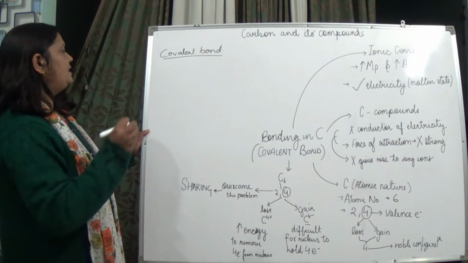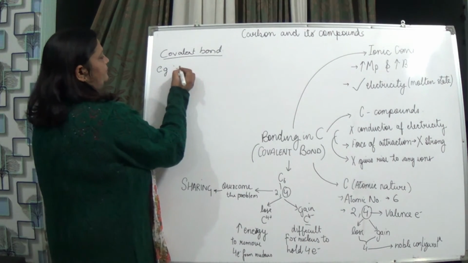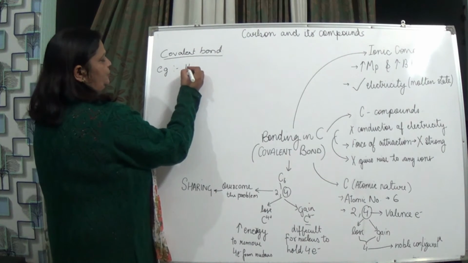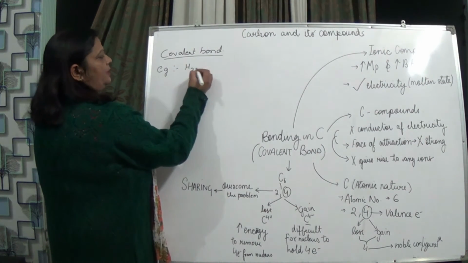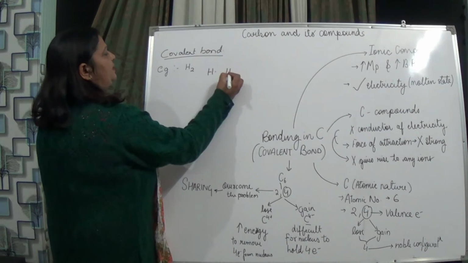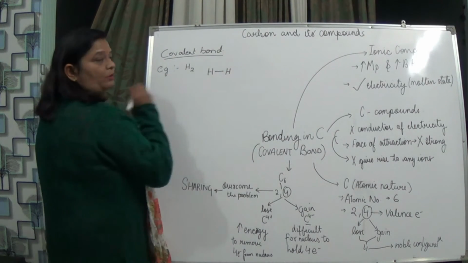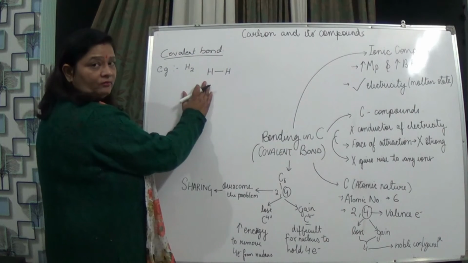Example of a single covalent bond: take H2. Here you can see how many covalent bonds are being made. Only 1. So this is a single covalent bond.